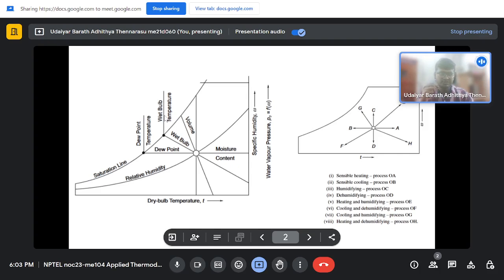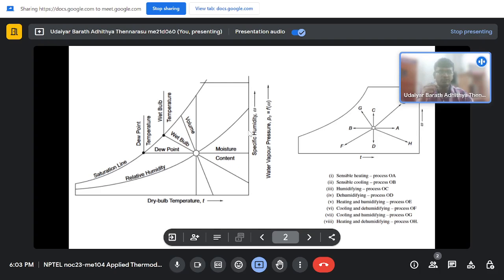On the psychrometric chart, on the x-axis you have the dry bulb temperature. Dry bulb temperature is the temperature of the air, which you get if you put up a thermometer. And on the y-axis you have the specific humidity.